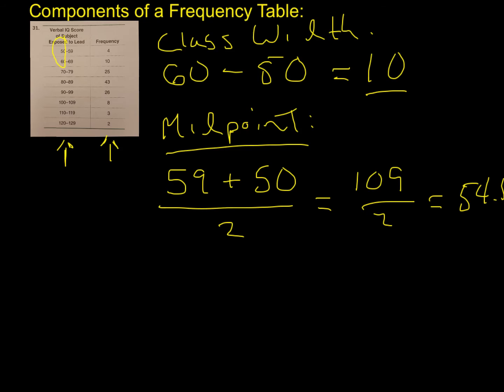Finally, the third component that we need to identify and be able to calculate on a frequency table is the class boundaries. To obtain a class boundary, we find 2 limits that are right next to each other. In this example, I'm going to do 59 and 60, because there's a little space in between them.